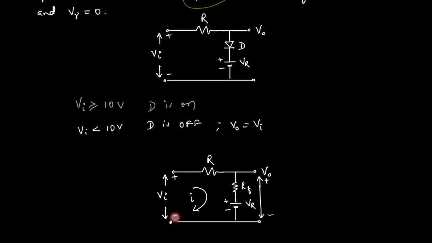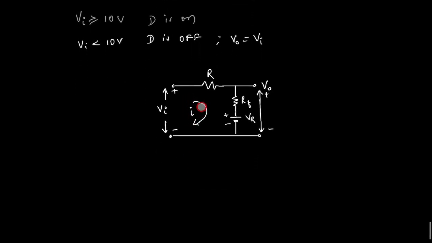We have already seen some formula by applying KVL in piecewise model. Now the same formulas will again apply. So if you apply KVL for this, output will be the voltage drop across RF plus VR, which is nothing but, VRF is I into R, Ohm's law, plus VR.